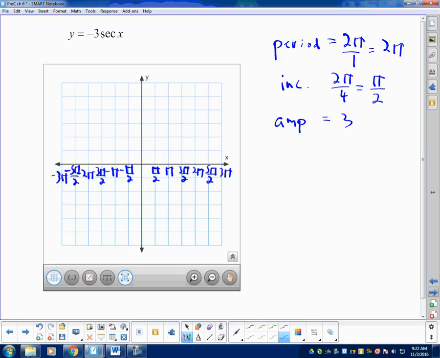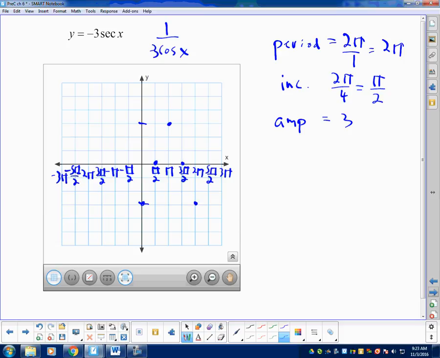All right, so remember this is the same as 1 over negative cosine of x. So let's graph negative 3 cosine of x. Cosine typically starts high up at 3. Because it's negative, it's going to start low here. And then it's going to go through the axis at the first increment, top out at the second, through the axis, top out.